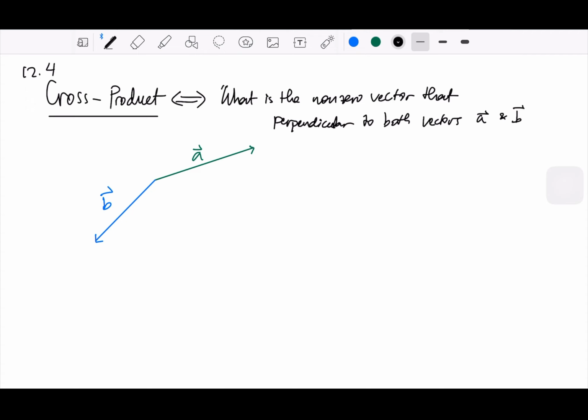And if you remember how to use your right hand rules, that's how we apply the right hand rule. So we can say A cross B, B cross A, something like that.